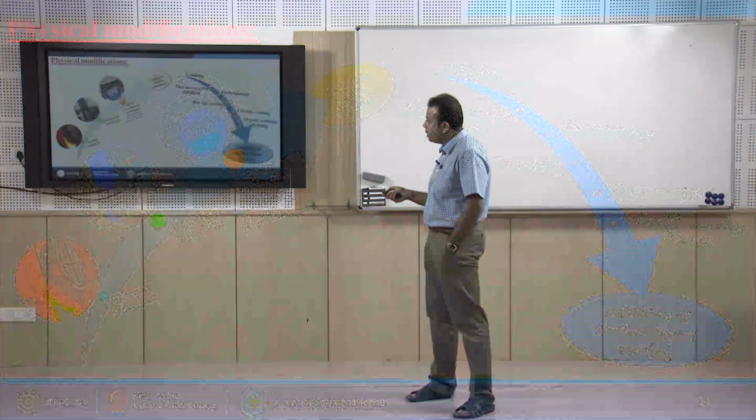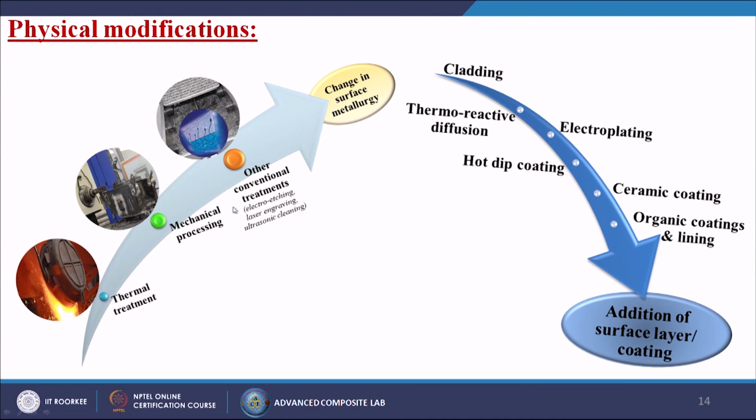Like thermal treatment, mechanical processing, other environmental treatments, by adapting all these methods we do surface modifications. On the right hand side you can see cladding, thermoreactive diffusion, electroplating, hot dip coating, ceramic coatings, organic coatings and lining.